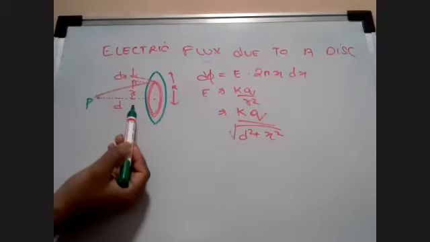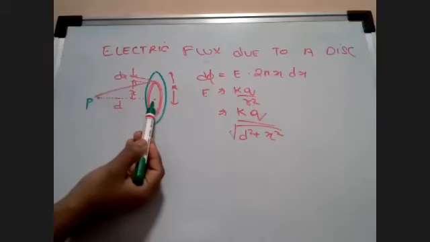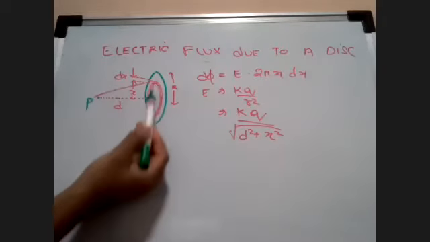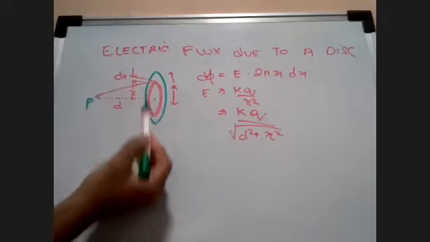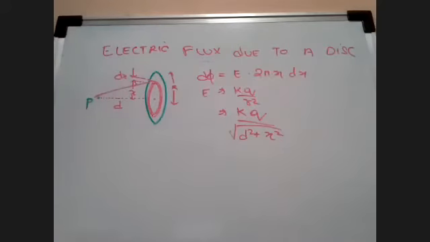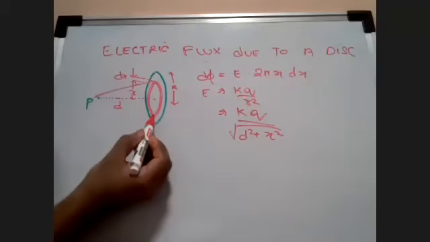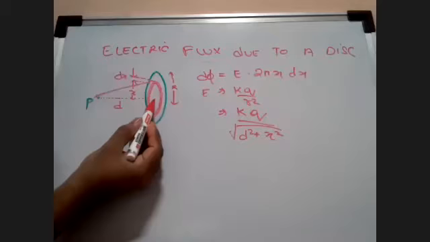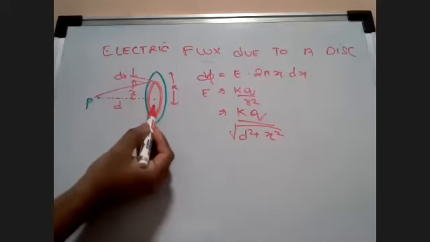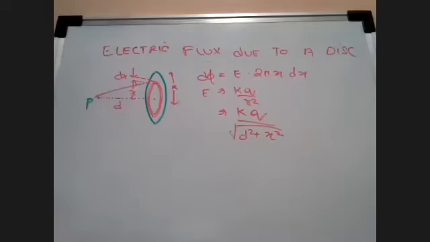I have written it over here, but you just assume, because there's no space, this red ring has a radius of x and a thickness of dx. I hope that is clear.